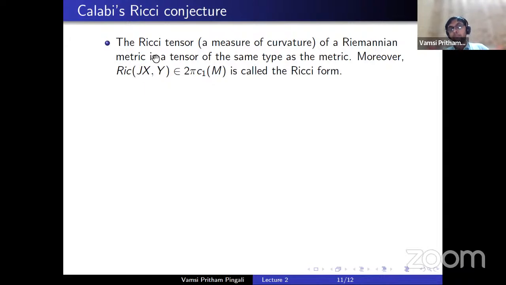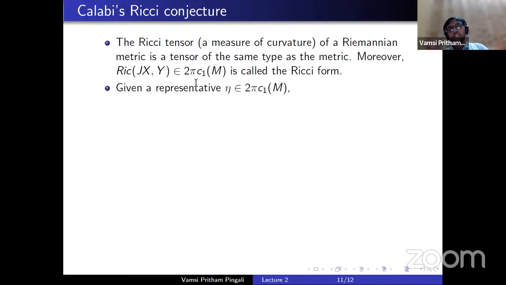It's a 2 form, as you can verify. In fact, it's a 1-1 form. And this 1-1 form is of a very special type. This 1-1 form is actually closed. And its cohomology class is something that we recognize very well. It's, up to a factor, the first Chern class of the manifold. So this 2 form is called the Ricci form.